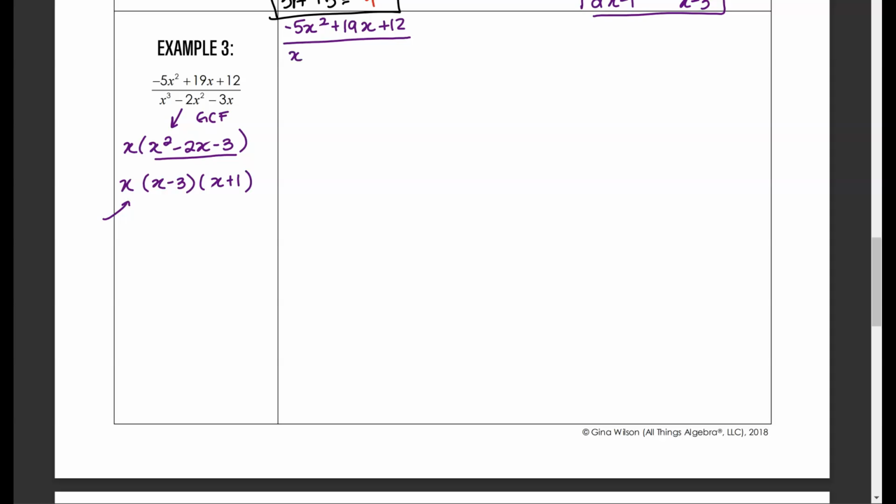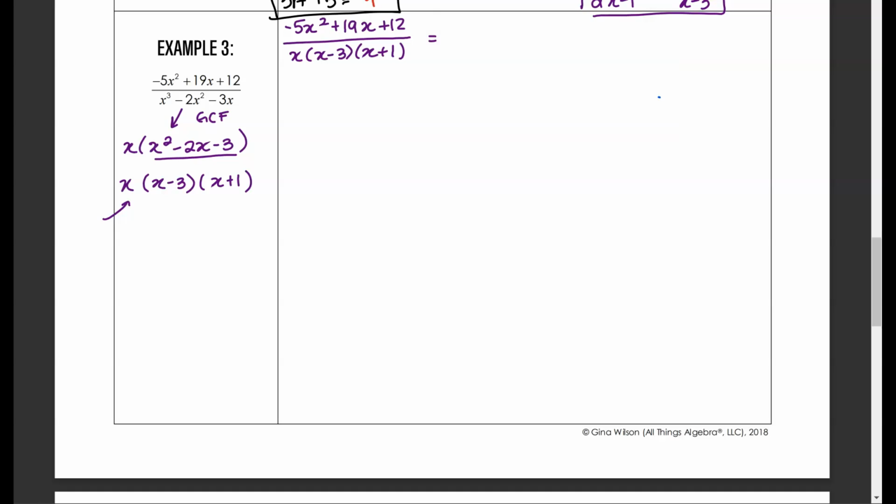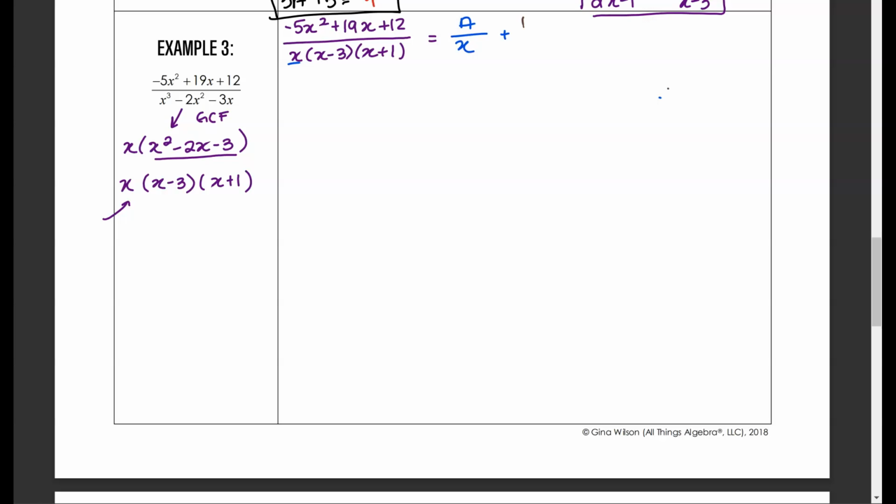Over the denominator, x times x minus 3 times x plus 1. All right, so when we do this, we are now going to use 3 variables because we have 3 different denominators. So we're going to have a over my first denominator, which is x, plus b over my second denominator, x minus 3.